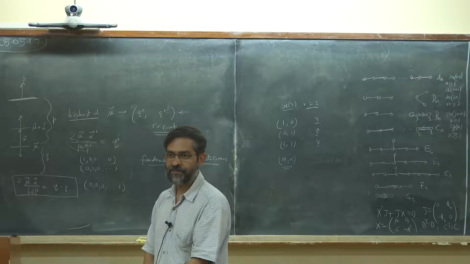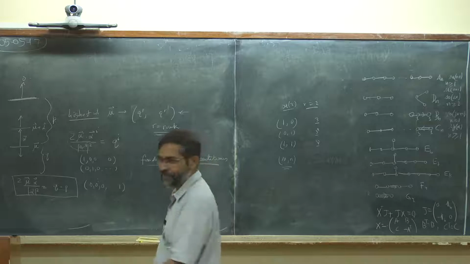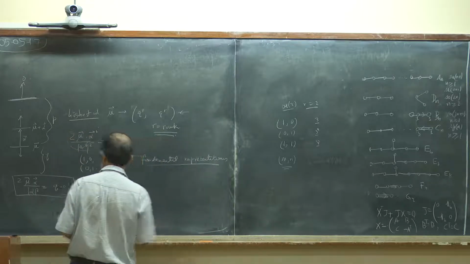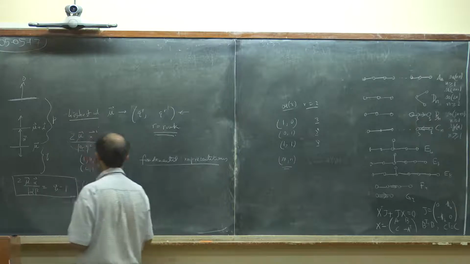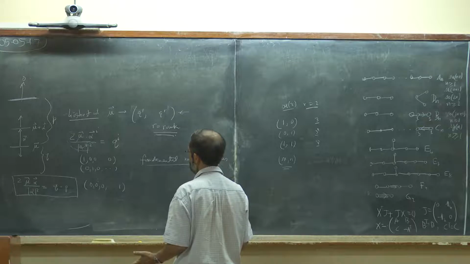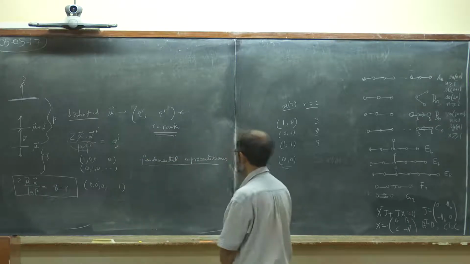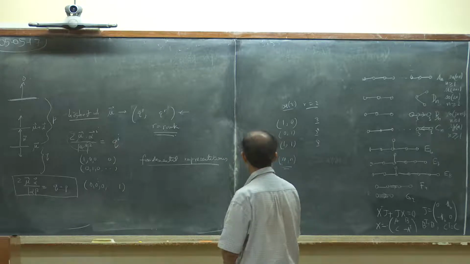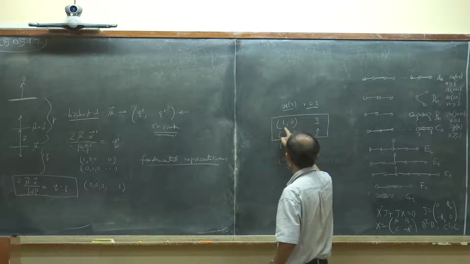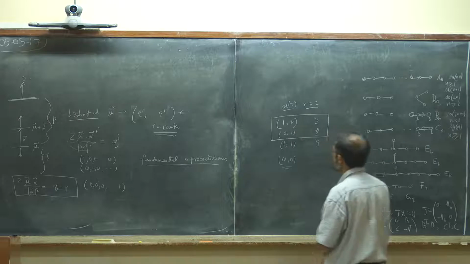This you have probably encountered in solid state. Anyway, the point that I wanted to make is that these fundamental representations play an important role, and in case of SU3, I have already told you about this, and I will explain what this notation 3 star etc. is in just a moment.